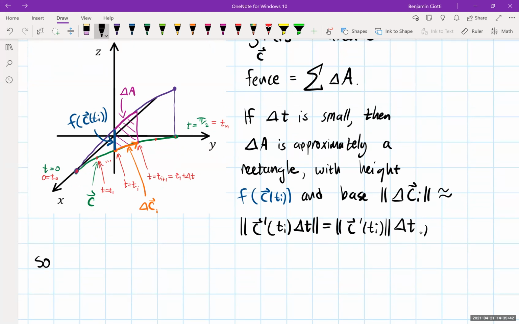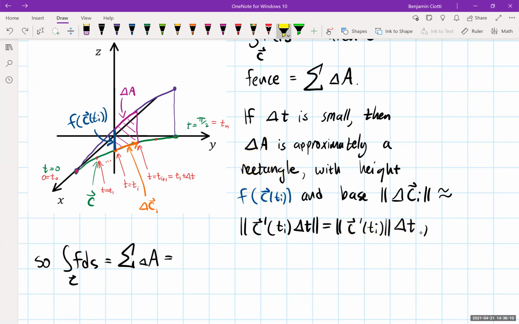So let's add up all the fence boards. As I said, each of them are approximately rectangles, where this is their height and this is their width approximately.